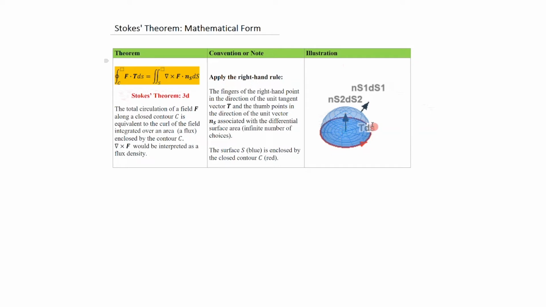Because you can choose an infinite number of surfaces bound by this contour, the actual choice of surface becomes a degree of freedom. So this is one possible surface bound by the contour, this is another, and the area vector, again according to the right-hand rule, would be pointing outwards. All right, so more or less, this is the picture, and this is the description to go with it.